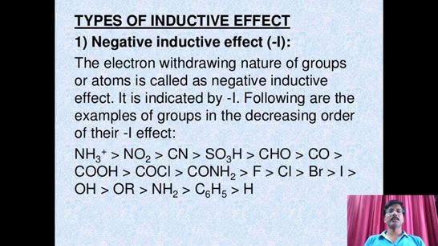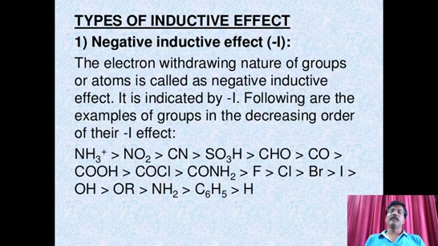If the electrons are attracted towards the group, the electron withdrawing nature of the groups or atoms is called negative inductive effect. It is indicated with minus I. That means whenever any group is attracting an electron pair towards it, or is behaving as more electronegative in nature, that is called the minus I effect.